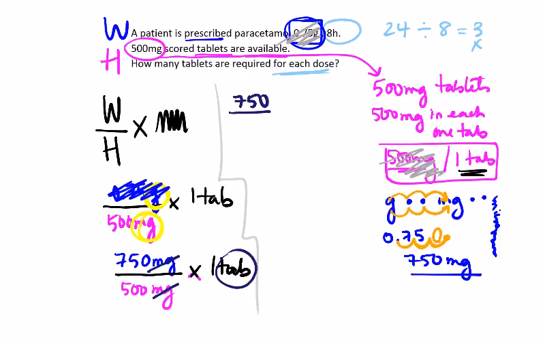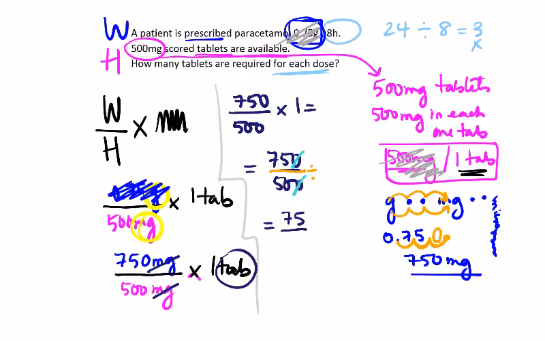So 750 over 500 multiplied by 1. Multiplied by 1 won't make any difference, so we only have to worry about 750 divided by 500. I could go to the calculator right now, straight away, 750 divided by 500, but it's always good to be able to divide by 10 manually if I can first, because it's less keys to actually have to push in the calculator, less chances for mistakes.